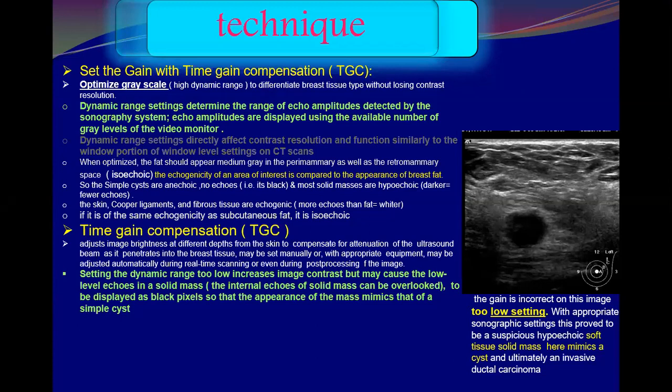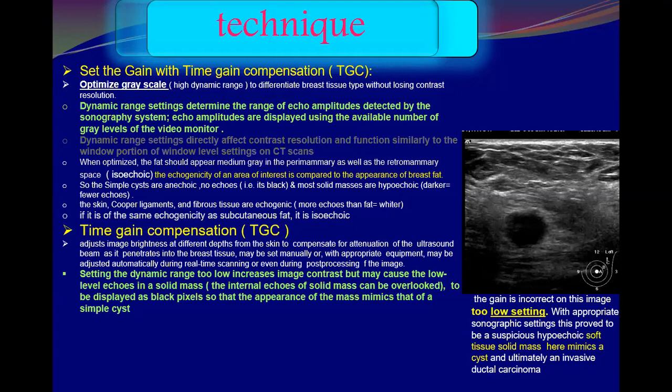Optimize the gray scale with the fat, both in the pre-mammary and retromammary, to be at the medium gray. Because we usually use the fat as a reference, any echogenicity similar to the fat we say is isoechoic. If it is higher than the fat, we refer to it as hyperechoic. If it is less than the fat, we say hypoechoic.